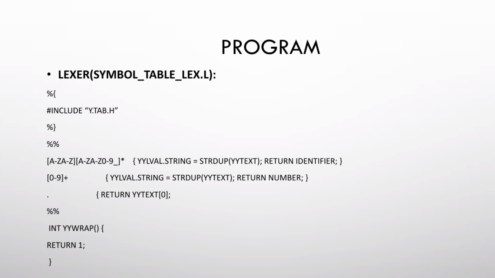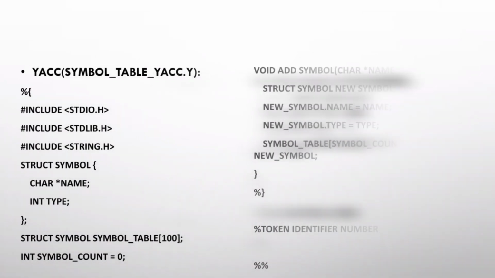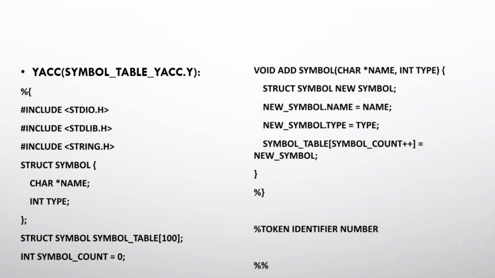Now let us see the program code for the YACC function. Here is the program code. YACC basically generates an LALR(1) parser for language L from the productions, which is a bottom-up parser. The YACC input file is divided into 3 parts.